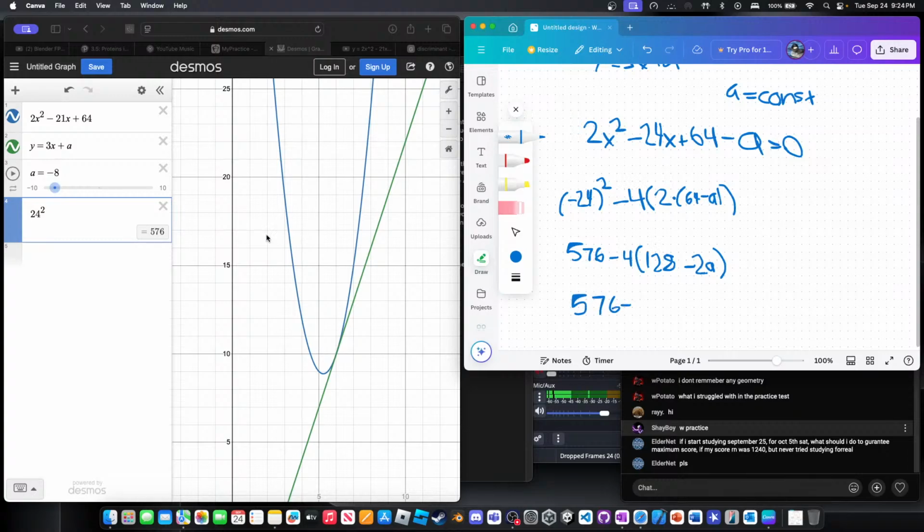Okay, and then 4 times 128 is 512. So 512 minus 2a.